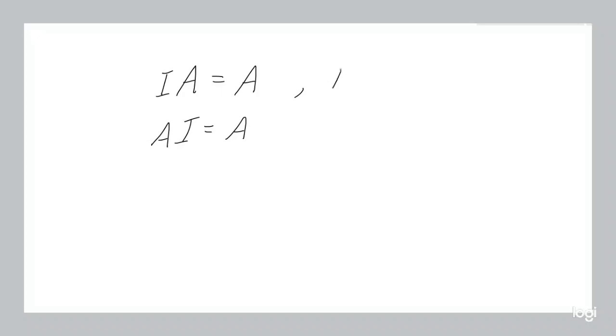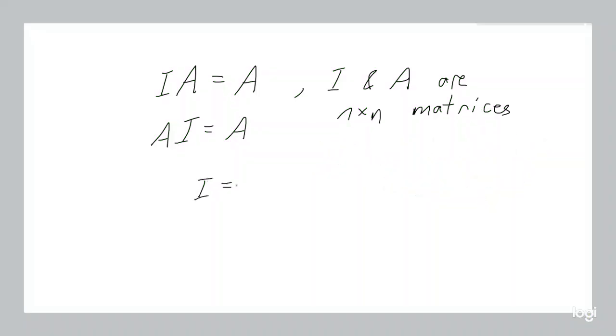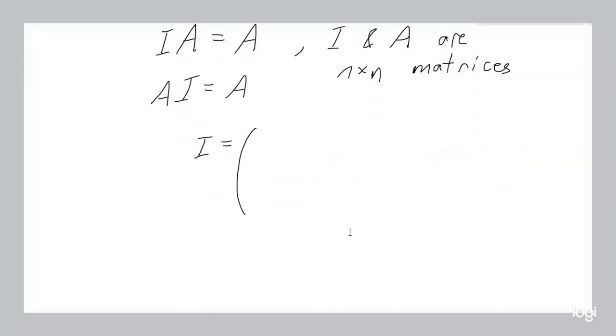So here we have I and A are both n by n matrices. Okay, so these are square matrices of the same dimension. And what the identity matrix looks like is it looks like this.